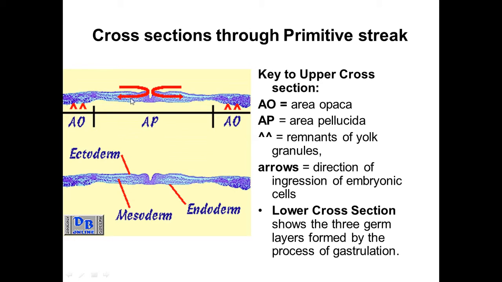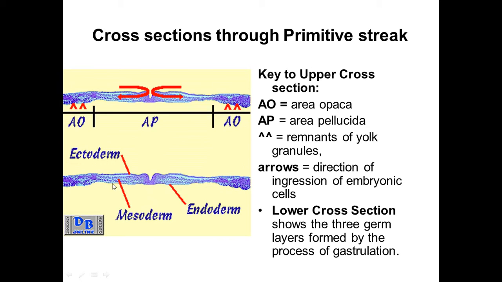Alright. More so, here on the lower cross section, we can identify three germ layers that have been established, or that are supposed to be established after gastrulation finishes. The outermost layer, which will not be in touch with the yolk, becomes ectoderm.